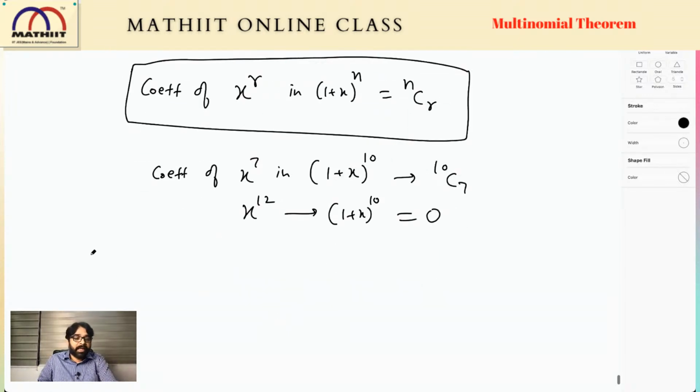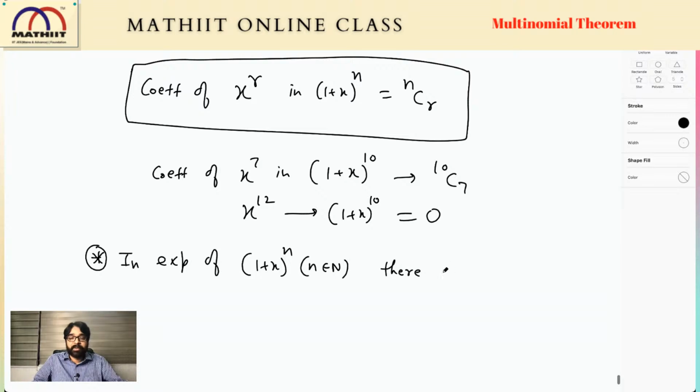So in the expansion of 1 plus x raised power n, n belongs to natural number, again and again I'm saying n belongs to natural number, there is no term with x power bigger than n. Next thing, x power negative is not at all possible.